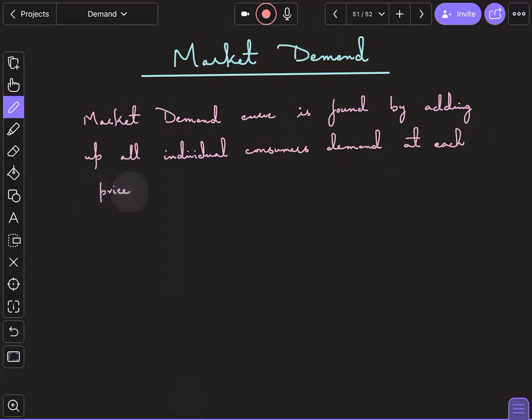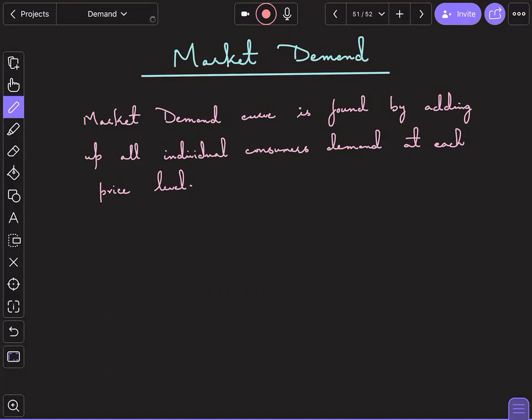So whenever you have to derive the market demand curve, whenever you have to find what is the market demand for a certain product, you have to add all the quantities that will be demanded by the consumers that are present in that market at different prices, and then you will derive the market demand.